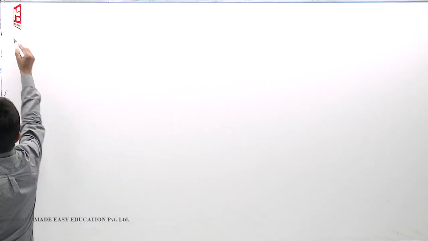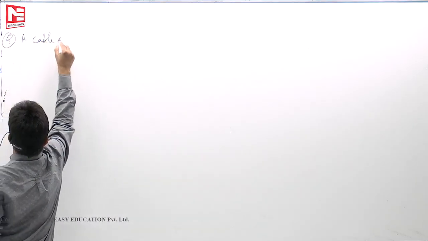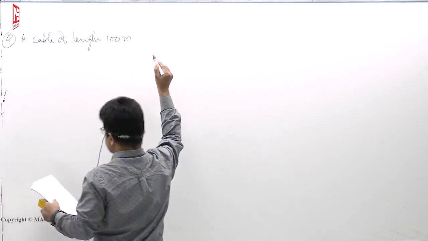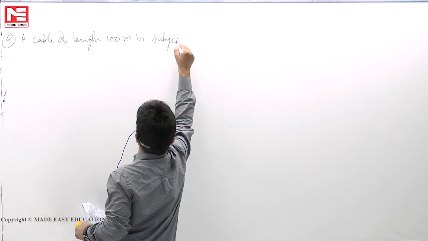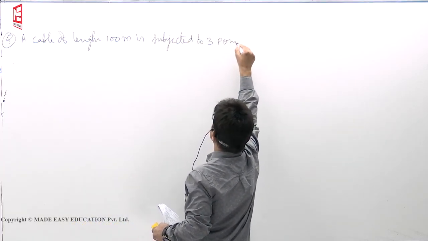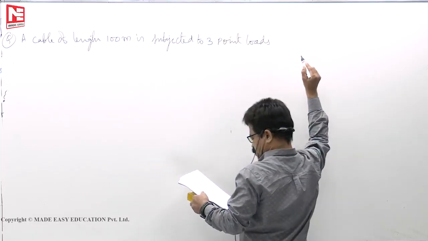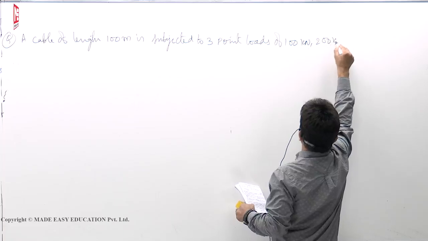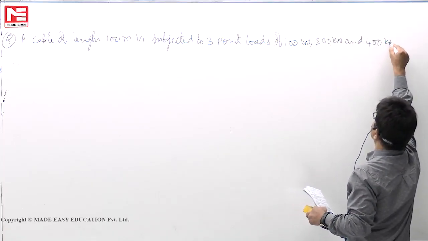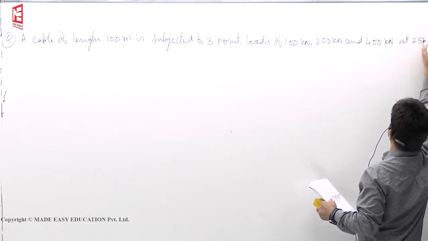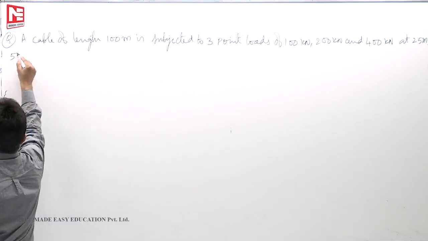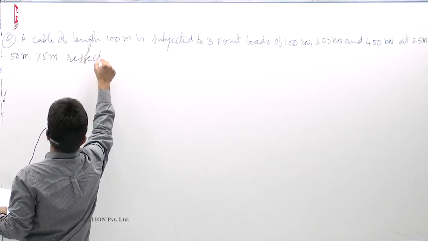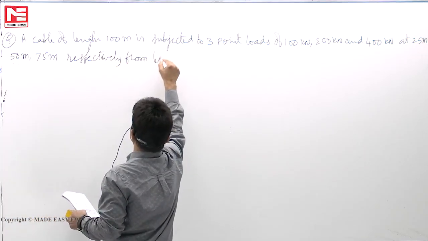Let us see one question. A cable of length 100 meters is subjected to 3 point loads: 100 kilonewton, 200 kilonewton and 400 kilonewton at 25 meters, 50 meters and 75 meters respectively from the left support.